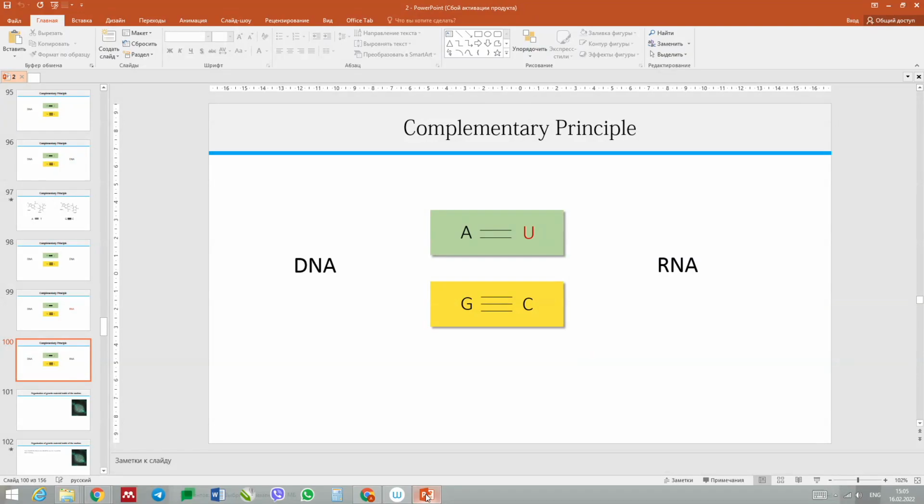In order to understand the language, you need to know the grammar. In order to understand the mechanisms of how nature encodes genetic information, you need to know the basis of the genetic code, and this is actually the basis of the genetic code. But in more detail, I will explain this later, not now.